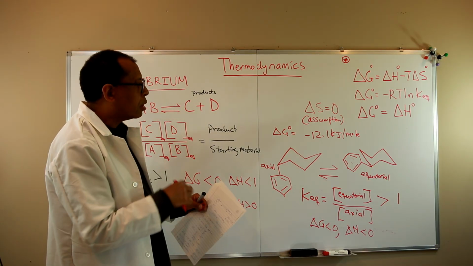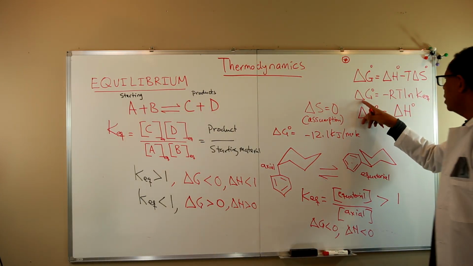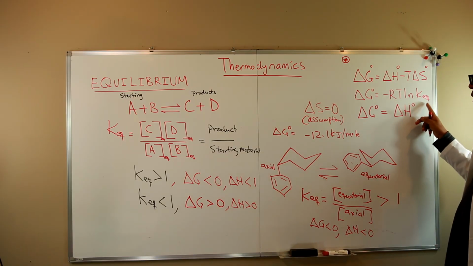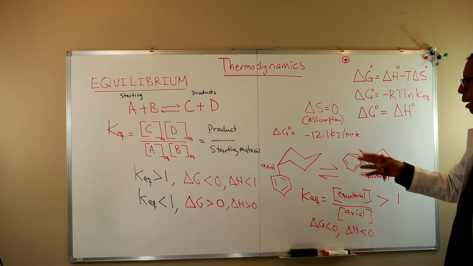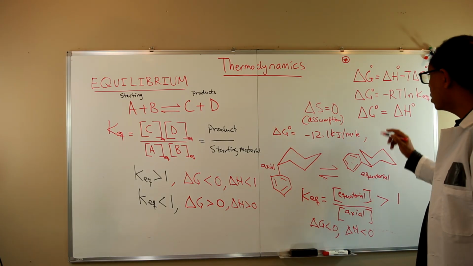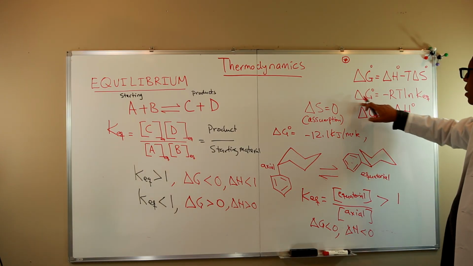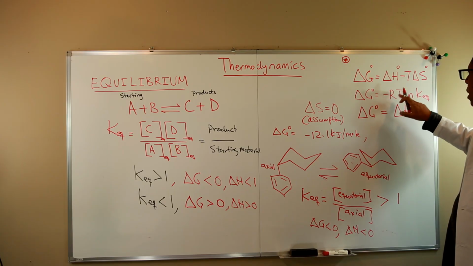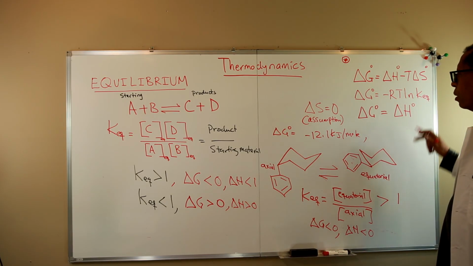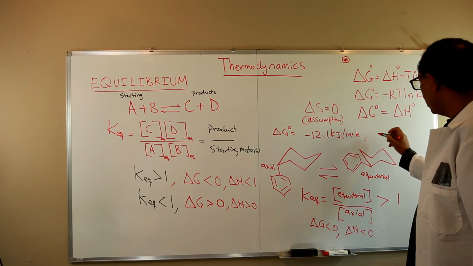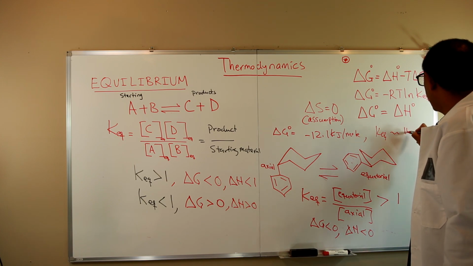If you plug it in, you would end up seeing K equilibrium to be very, very large. If you put the 12.1 kilojoules per mole in this, with R, at room temperature, and calculate for K equilibrium, my number shows the K equilibrium is about 100.